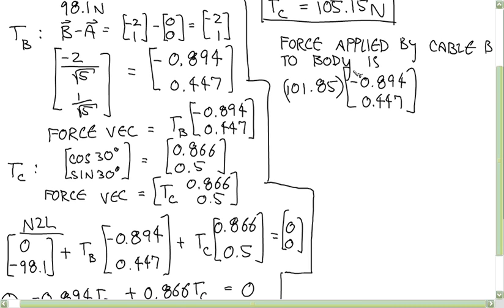And I didn't multiply that out, but can someone multiply that out? You can just do it one by one. You don't have to do any vector thing. Negative 91.1 and 45.45.